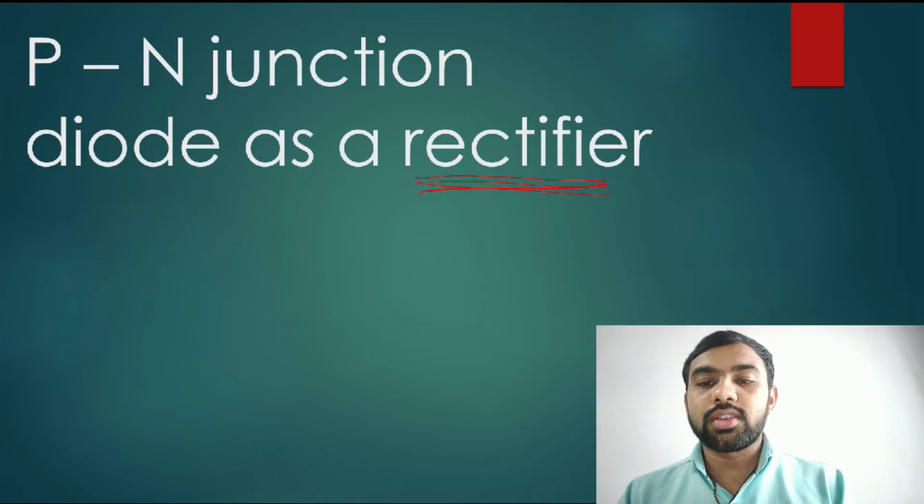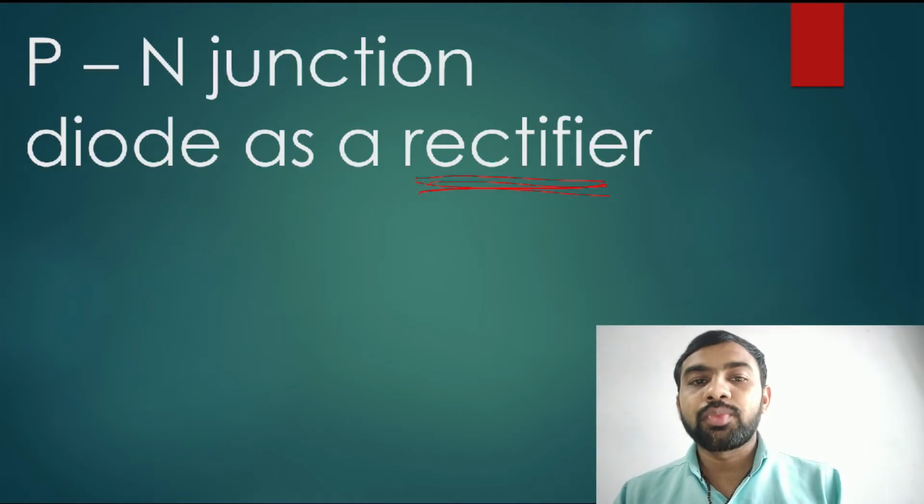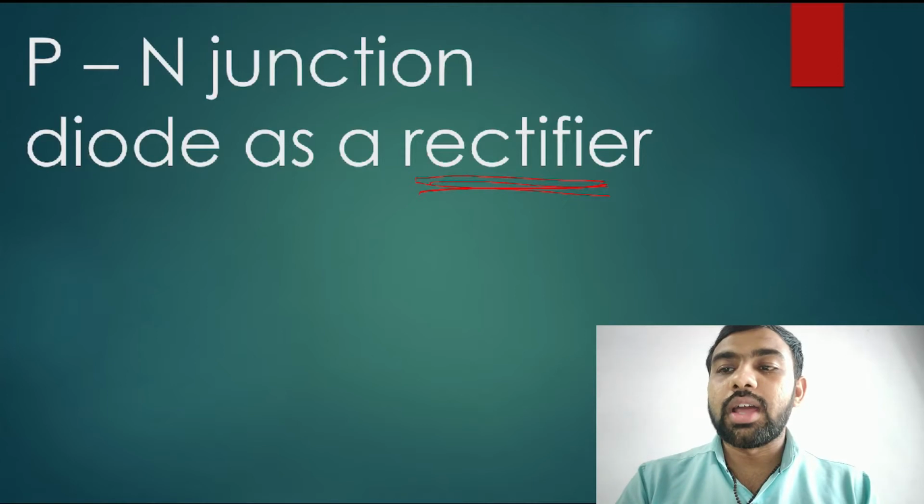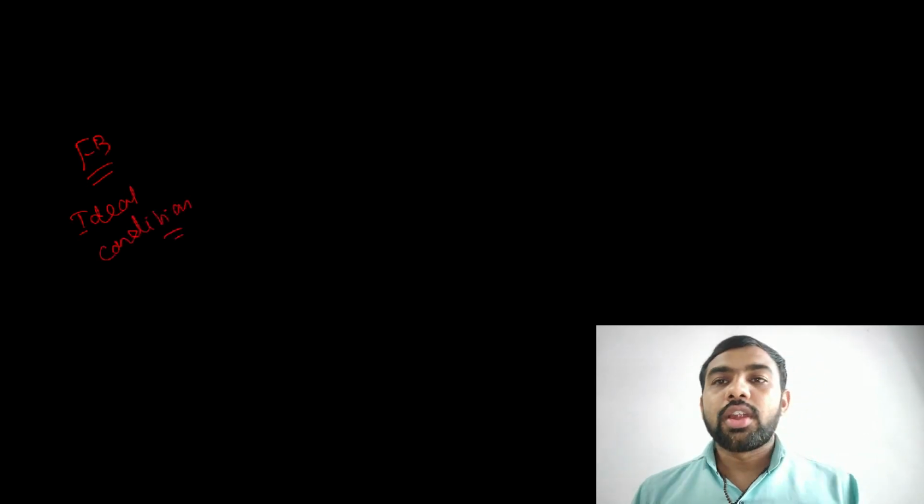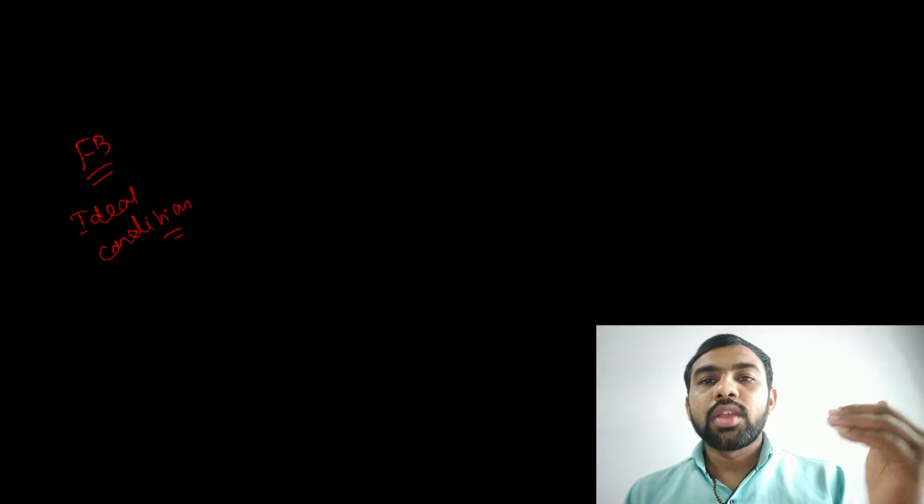Before we discuss the PN junction diode applications, we must understand some additional things about the PN junction diode, as we discussed last time. If you consider the forward bias ideal condition, the diode behaves like a conducting wire.